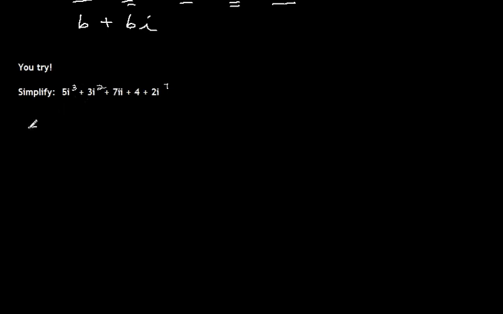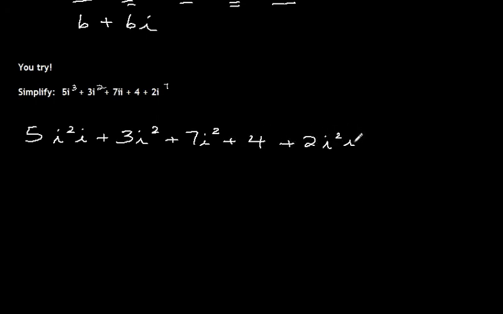We have 5 i cubed, which is the same as i squared times i. 3i squared. This is 7i squared plus 4 plus 2 i squared, i squared, i squared. That takes care of 6, right? If we add those up, it'd be i to the 6, and then we have an odd i left over.